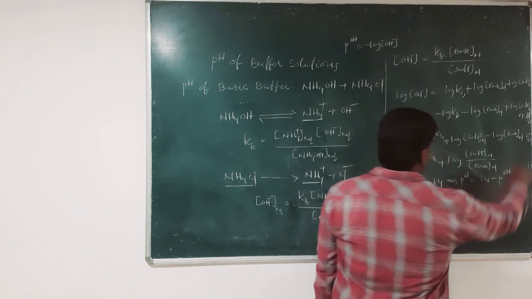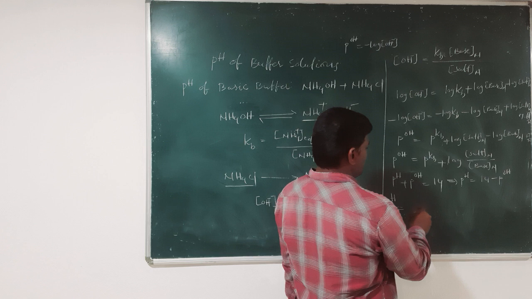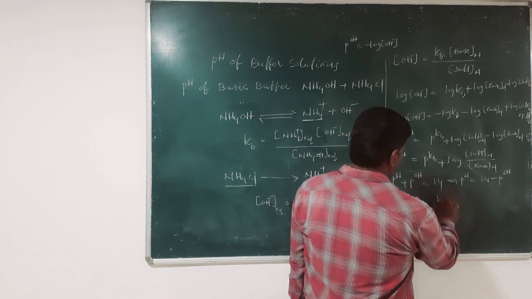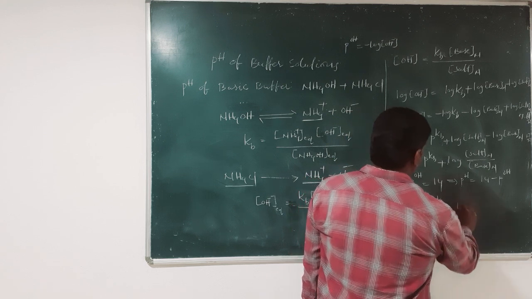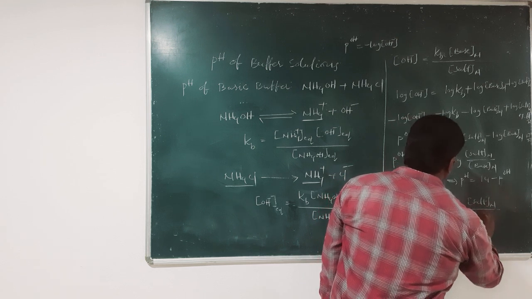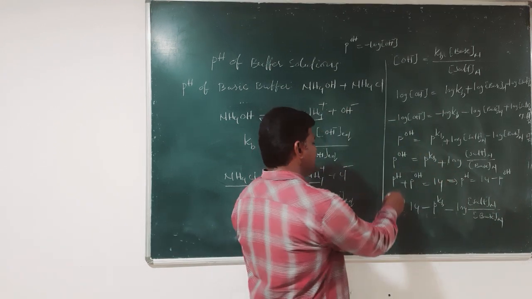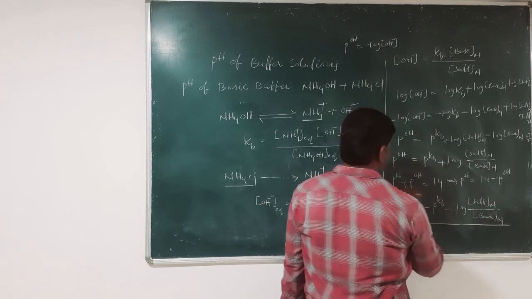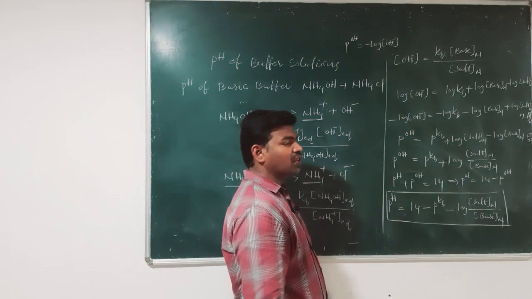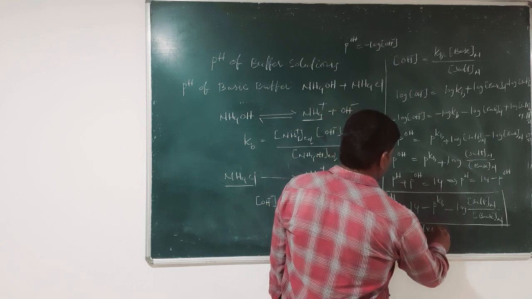So the pH of a basic buffer is equal to 14 minus pOH, that is, 14 minus pKb minus log concentration of salt by concentration of base. Okay, so this is the pH for a basic buffer, and we usually call it Henderson's equation. This is called Henderson's equation.